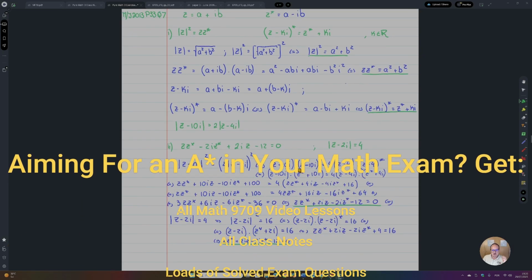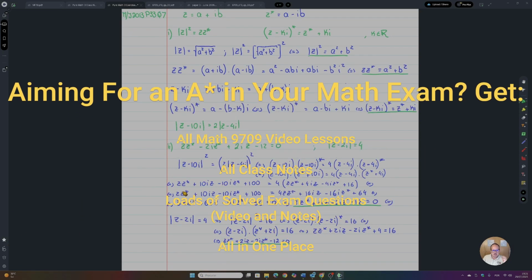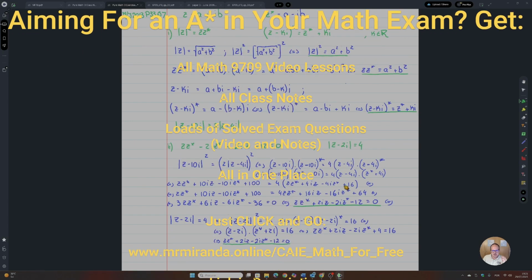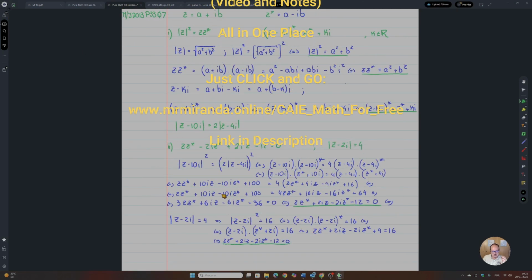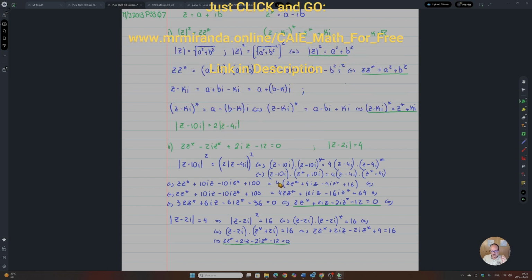And now I'm just cross multiplying everything on both sides. There's nothing for me to do from here to here. Here I just multiply everything by 4. Then I send everything to the same side, combine like terms, divide by 3, and eventually I get what I need. Then I have to prove that.